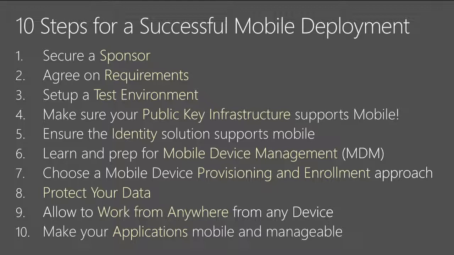I'm not going to bother you too much because it's not technical, and I assume we have a technical audience here, but those things are really important, as well as number two, agree on requirements. Then, set up a test environment. I've got some references there, we've set something up, and I'll share that with you as well. Make sure your public key infrastructure is ready. This was the number one blocker, or the most complex activity, that most organizations from the previous programs run into.